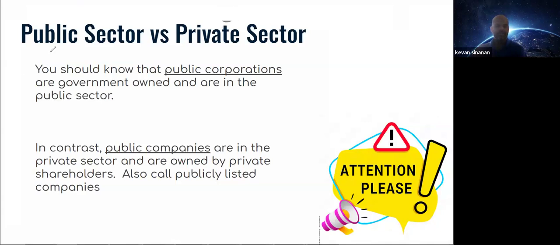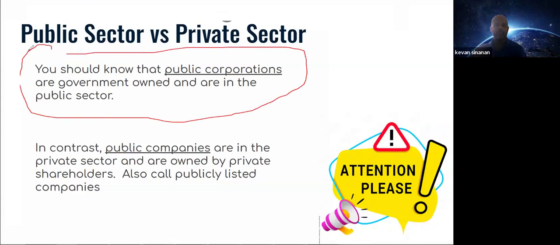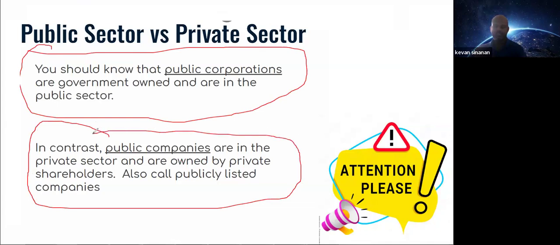this slide here, I want you all to try to remember and be able to write down these definitions, memorize them, and learn them. Because they will ask you to define a public sector and to define a private sector, and in some cases, differentiate the difference in writing form.